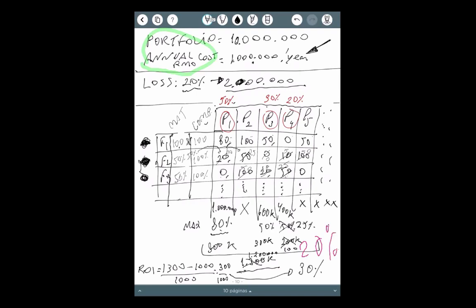So the assumptions here are, our PMO was created to save money, okay? You have to estimate your loss. You have to understand your problems and estimate the relevance of each problem. So the ROI will depend on the problems that you have in your organization.